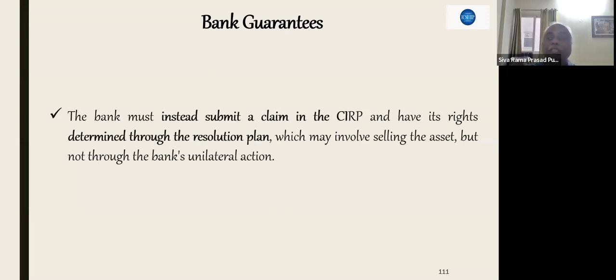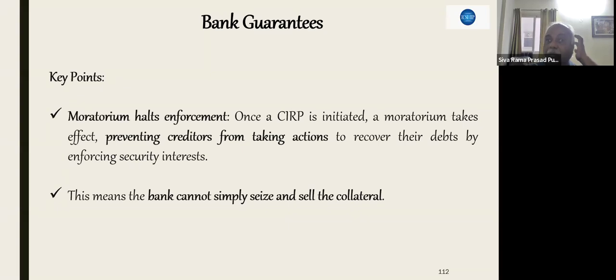The bank must, instead of selling, submit the claim to the CIRP, and has the right to have it determined through the resolution plan, which may involve selling the asset but not through the bank's unilateral action. So all these things are to be taken into consideration.